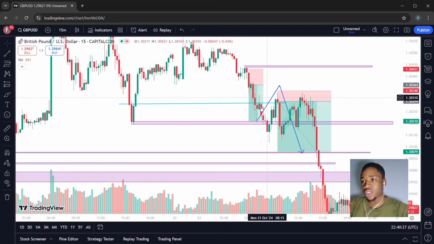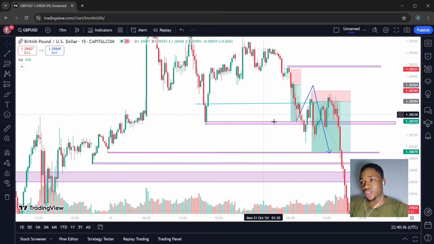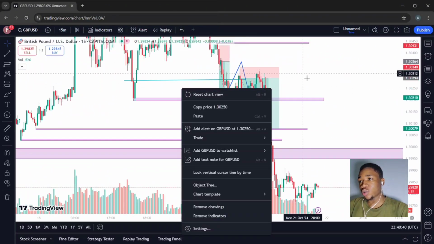So what we predicted was that price was going to come up from here, retest a bit, then go to the downside, and that was exactly what it did. In fact, it really respected our zones.